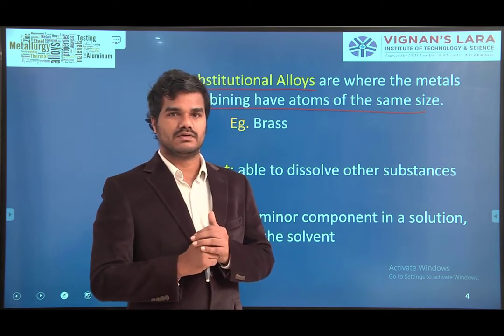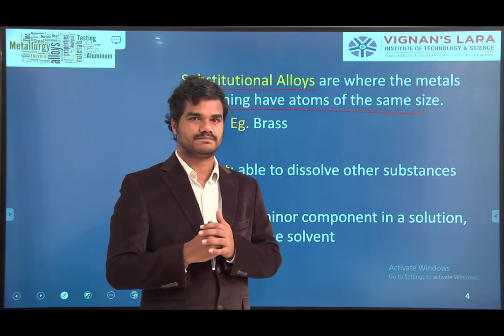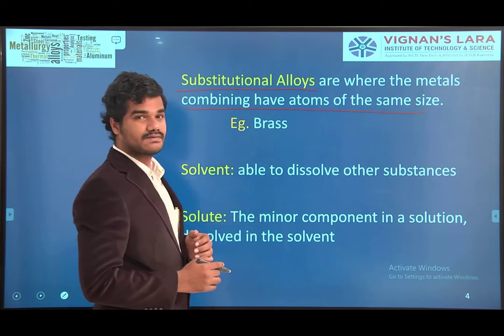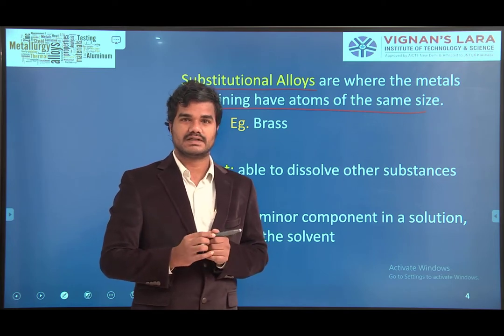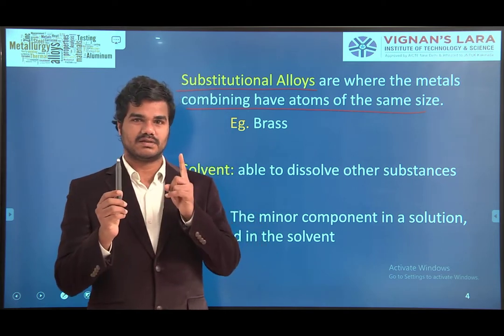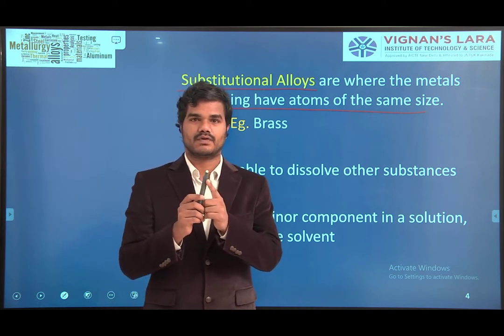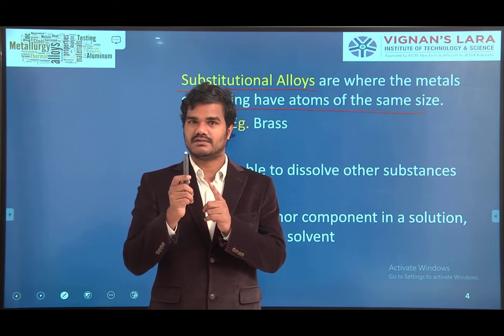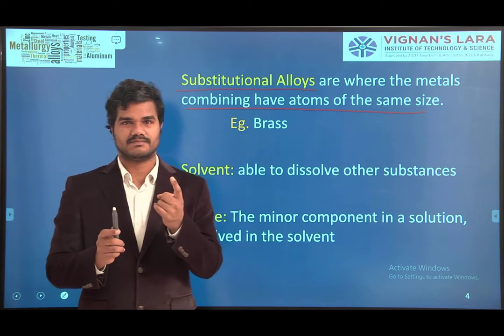So you need to recall what is a substitutional alloy. When the metals combining have atoms of the same size. Let this be metal A, this be metal B. When you are combining A and B, these have a specific atom size and these have a different atom size.